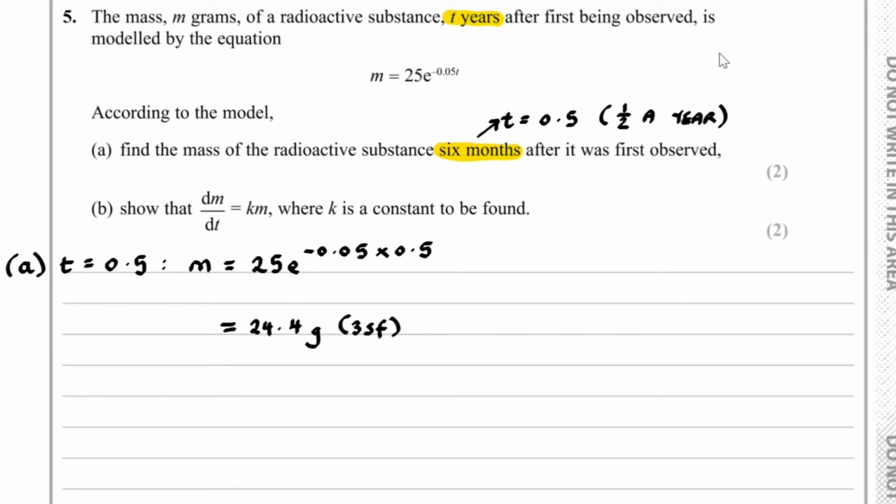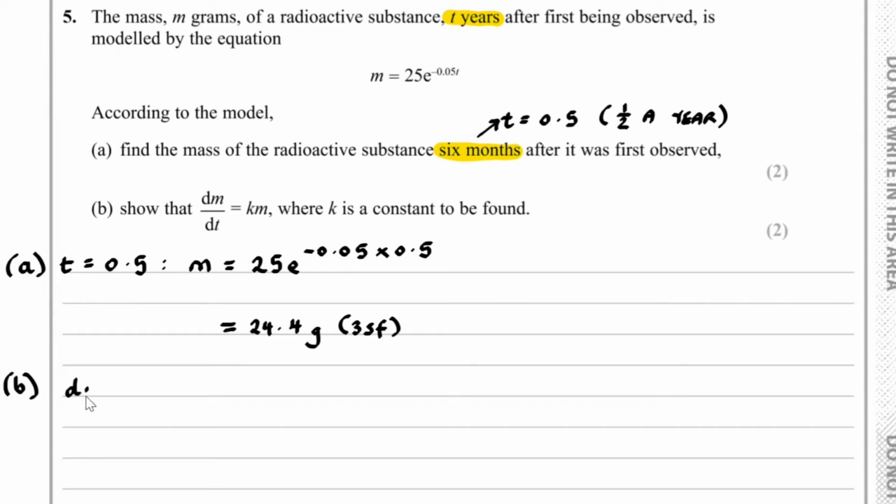And now we have to show that dm over dt is equal to km, where k is a constant. Well, what we'd have to do here for part B, when I differentiate an e, I multiply by the derivative of the power.